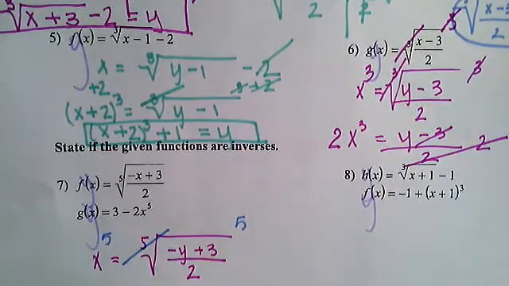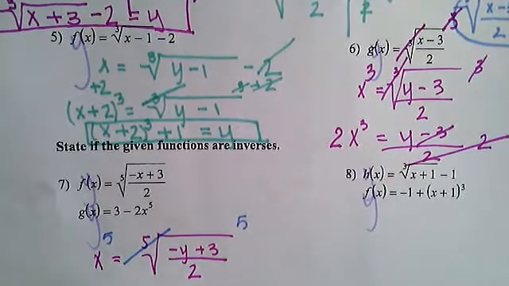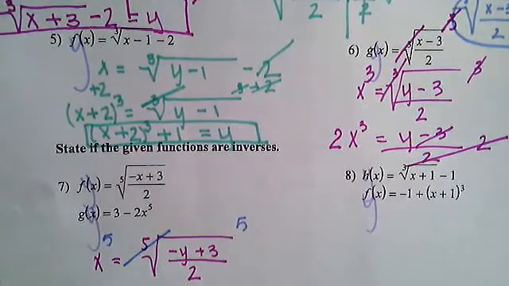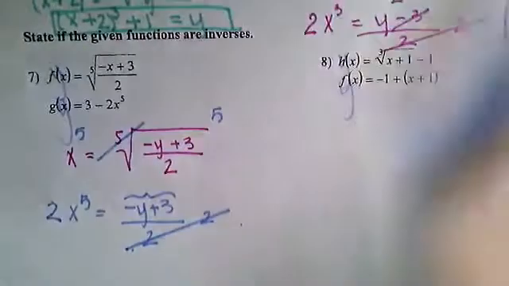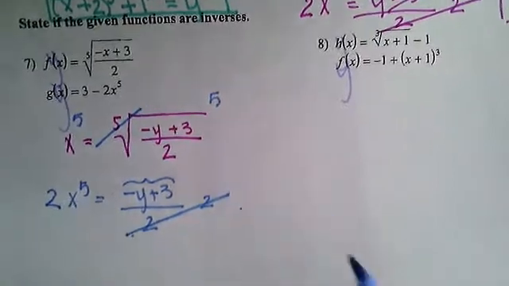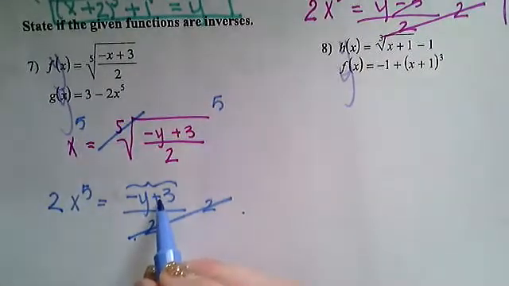If I want to get the top by itself, I need to multiply by 2 since I have division by 2. Whatever I do to one side, I do to the other. You can't really see that. Yeah, I had division by 2, so I multiplied by 2. And then I want to get rid of my 3.